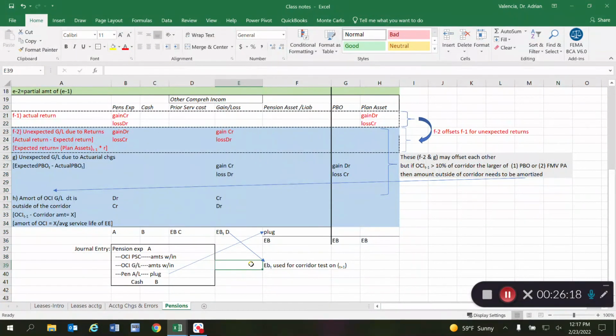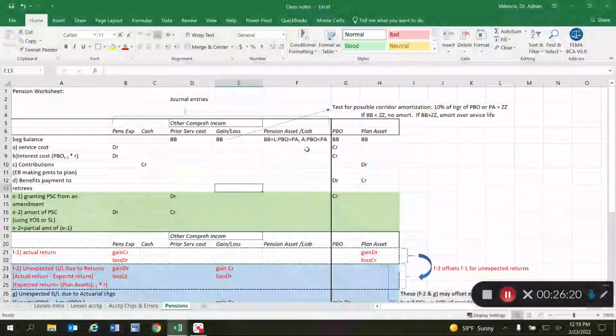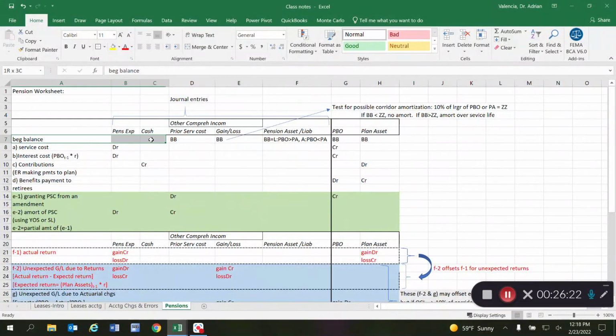Let me go back to my initial note. Notice that when we started this whole thing, I said first input your beginning balances. Then look at the beginning balance in OCI gains and losses and test it for possible corridor amortization. We already talked about this. You're going to get 10% of whichever one is larger, either this amount or this amount, and compare it to this amount.